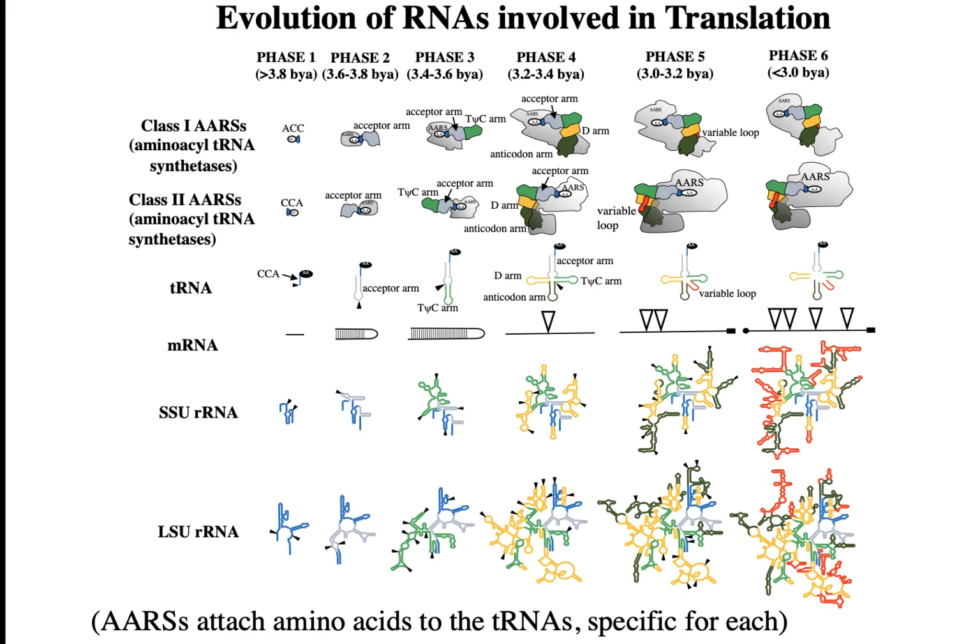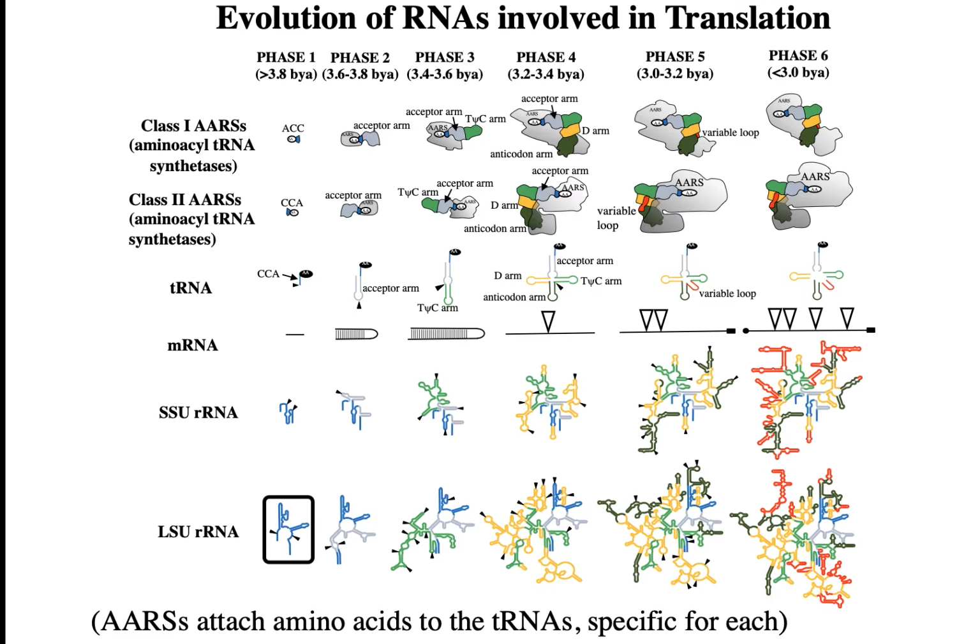The small and the large ribosomal subunits, before they became parts of the ribosome, were probably RNAs that performed different functions. In particular, the small subunit ribosomal RNA may have been a molecule that delivered RNAs to other parts of the organism.